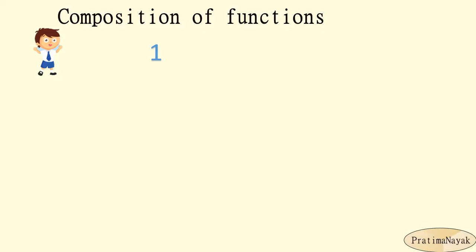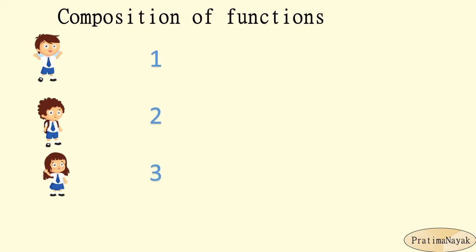This boy is Alpha and he has roll number 1 in the class. He is Beta, his roll number is 2. She is Gamma, her roll number is 3. She is Delta, her roll number is 4.